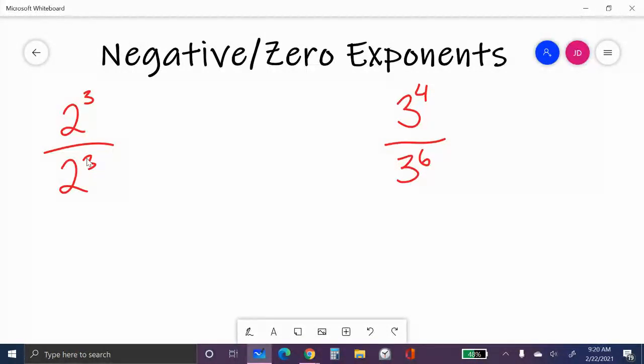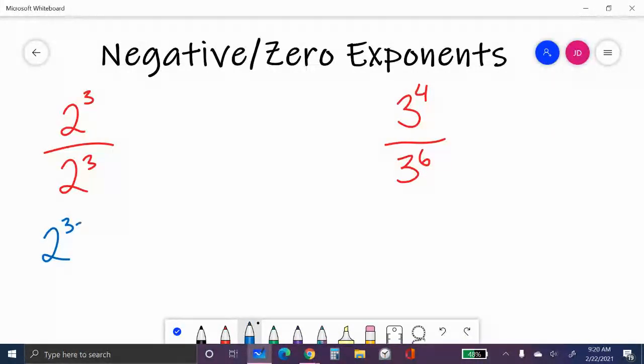So that's 2 to the 3 minus 3, which is 2 to the 0 power. So this is a scenario where we have a zero exponent. Now, what does that mean when I have a zero exponent?